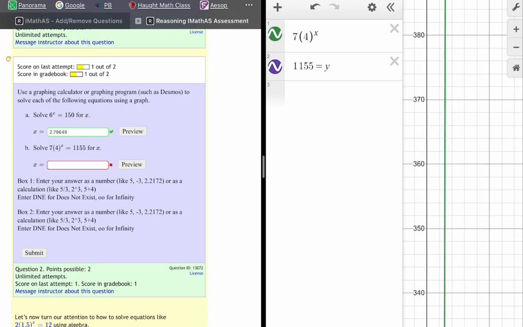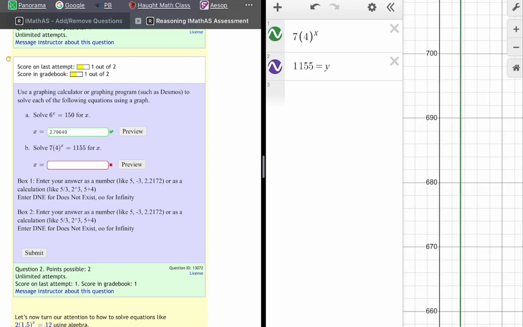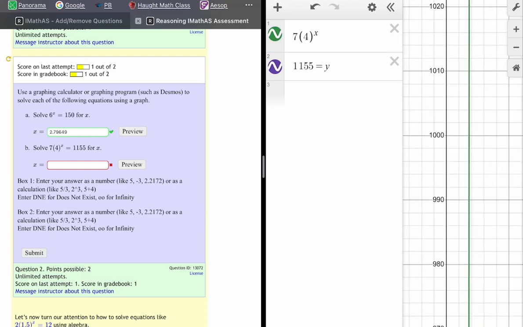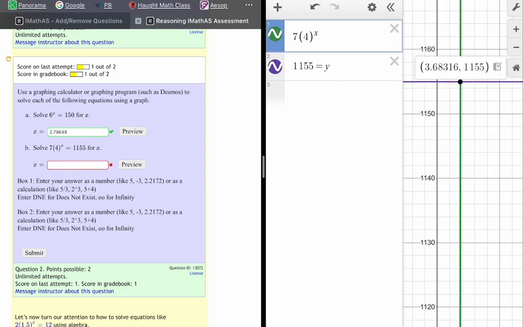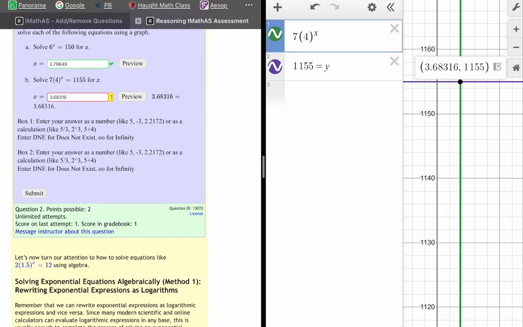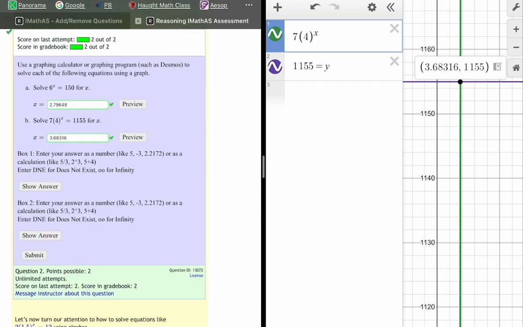I could probably change it, but it's very large for me. So we'll see that horizontal line appear at 1155. Then we look to see where it intersects. For me, it's 3.68316. So that's how you would use Desmos to help you answer the questions for that.